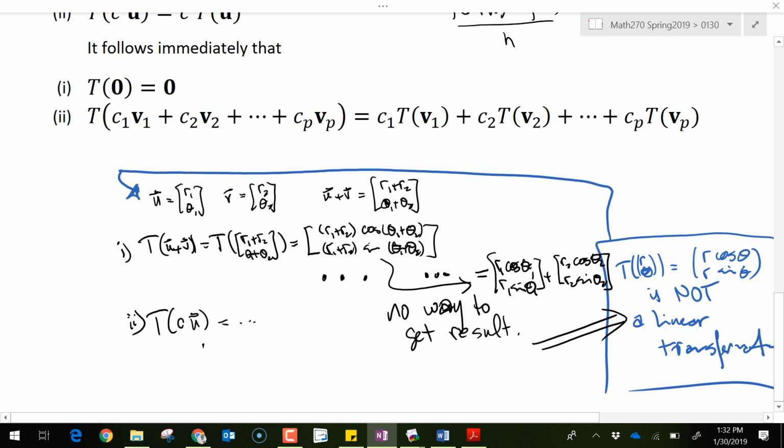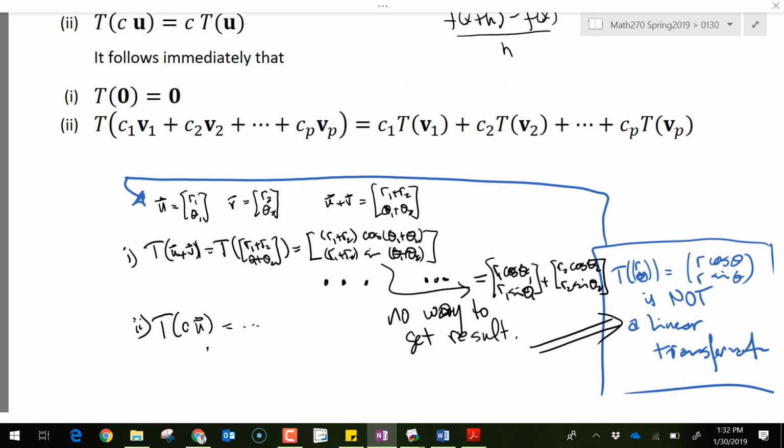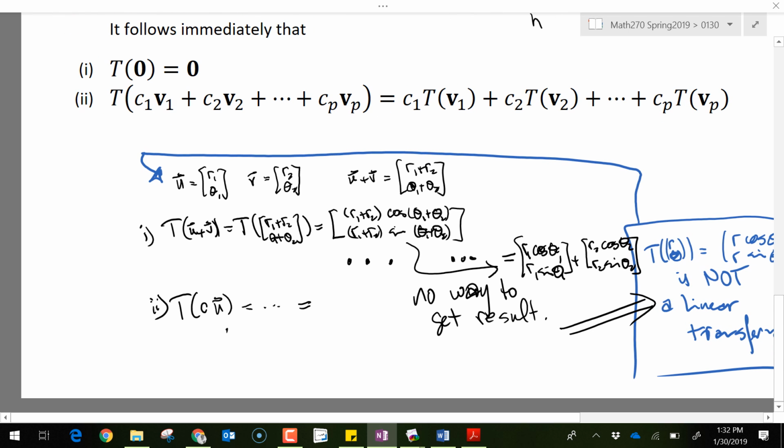We don't need to look at this anymore, but if you were to try this out, you'll see that this also will not work. It will also not equal c times T of u. All right, let's go back and see if we can do that problem.